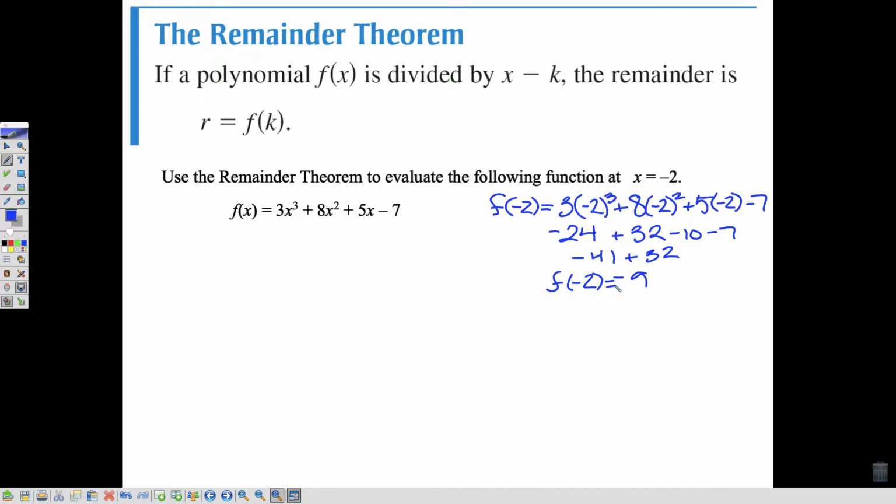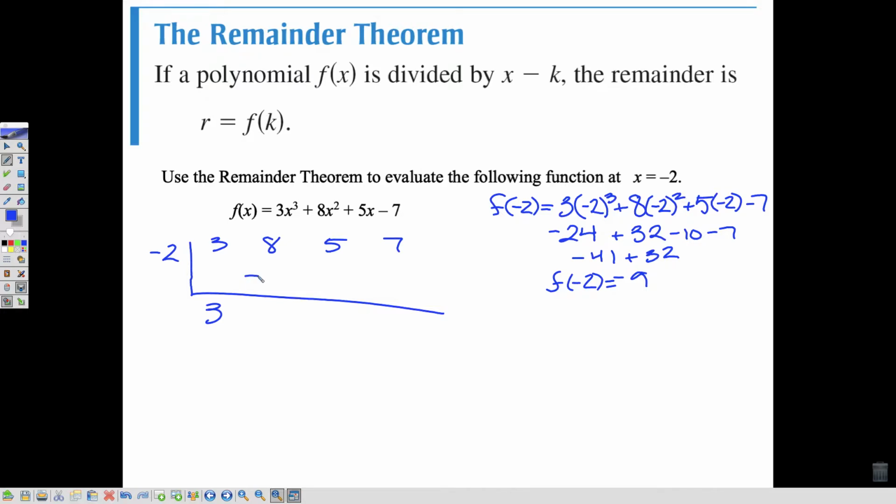Well, this rule just told me if I synthetically divided by -2, my remainder should be what? -9. So -2, 3, 8, 5, -7. Drop down my 3.